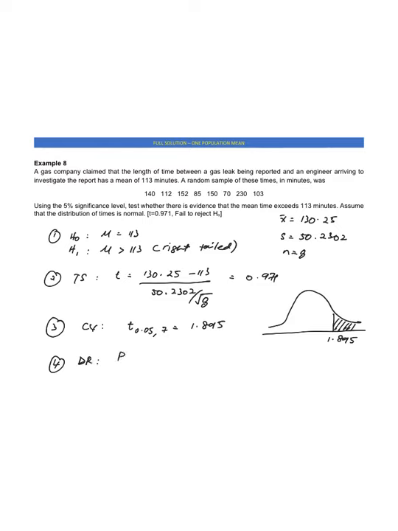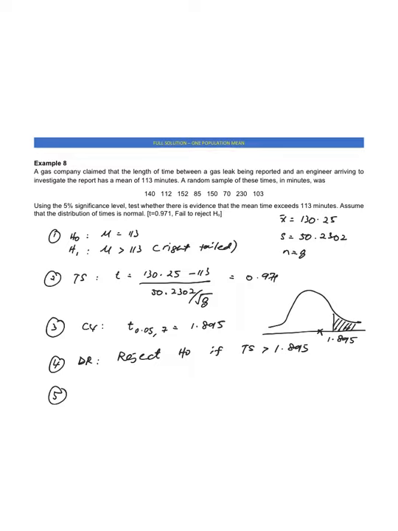The decision rule is reject H naught if test statistic is greater than 1.895. Okay, now look at our test statistic value. It is equal to 0.971, which does not fall in the rejection region.